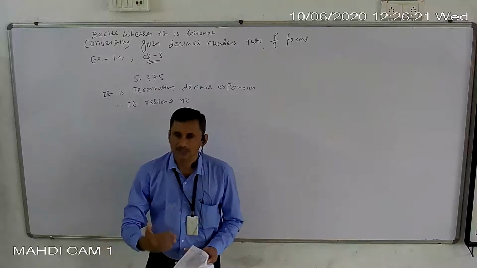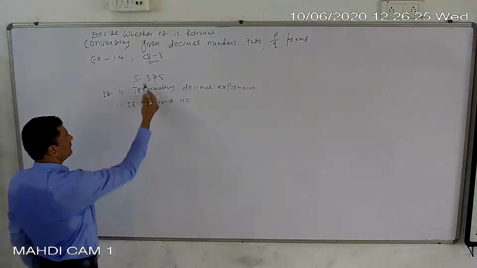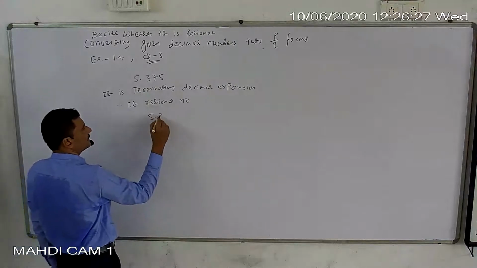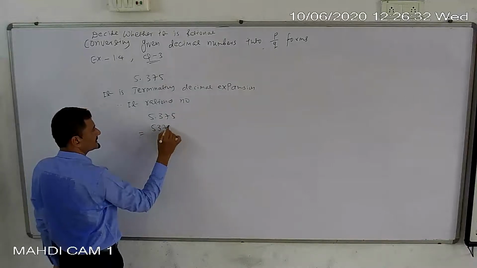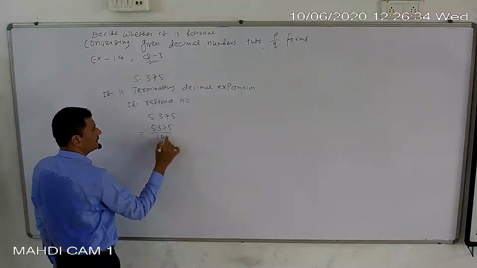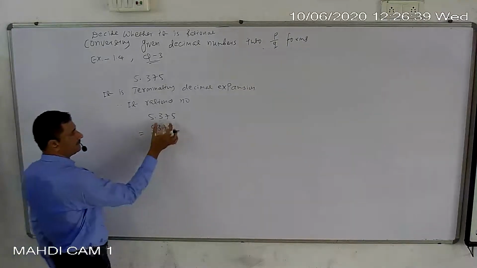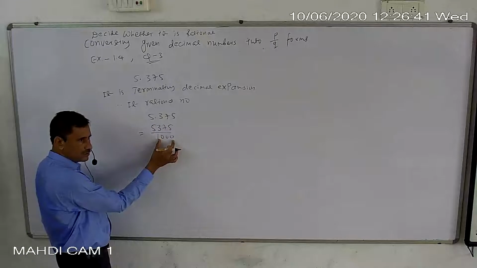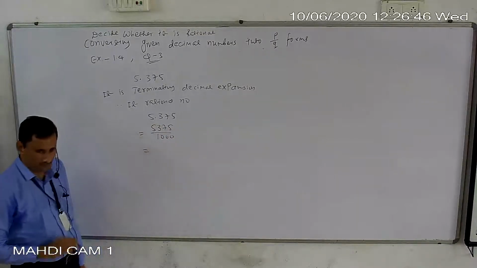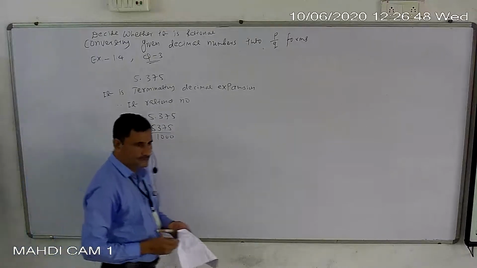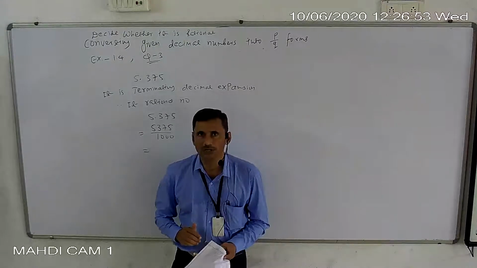Now obviously it is a rational number, so we can denote it in P by Q form. How? That is not new. Instead of this, write 5375 upon 1000. Why? 3 decimals are there. Now convert it into the simplest fraction, because the P by Q form answer is always given in the simplest fraction only.